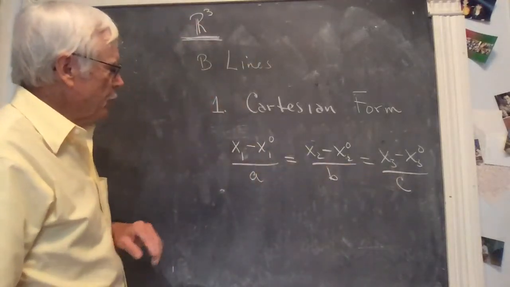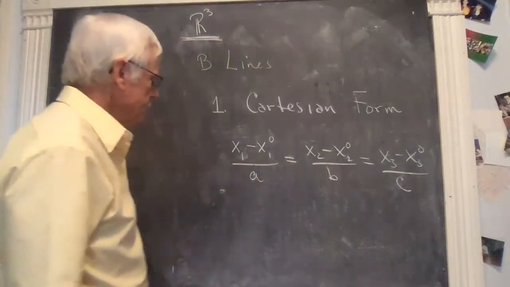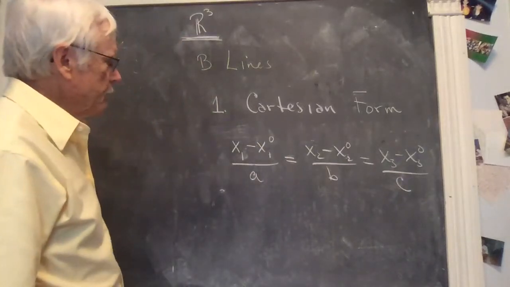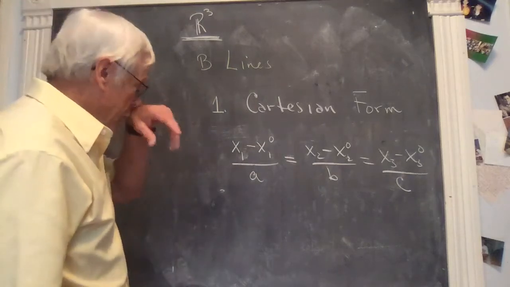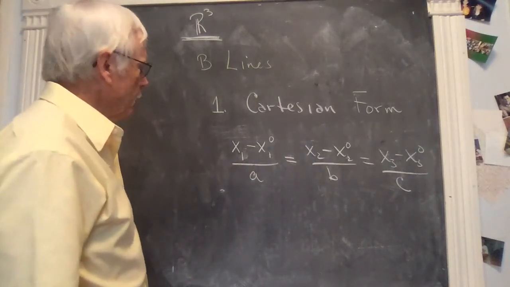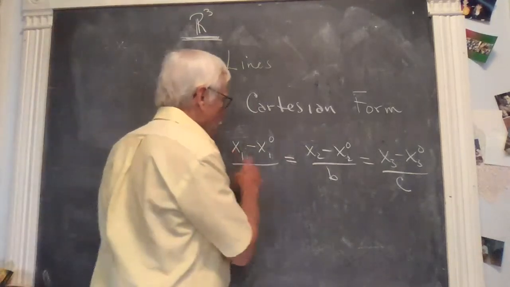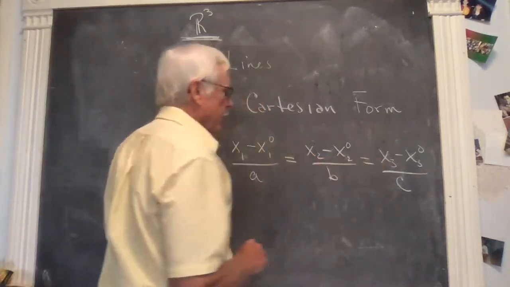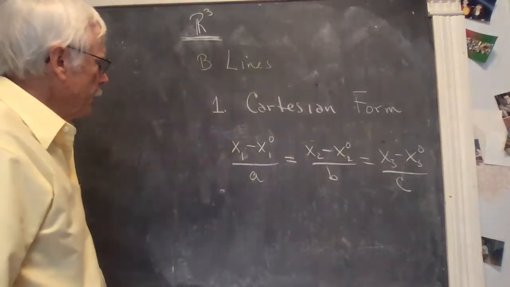So this represents 2 equations that are linked together. This is called the Cartesian form of a line, and any points x1, x2, x3 that satisfy this give you points on that line.